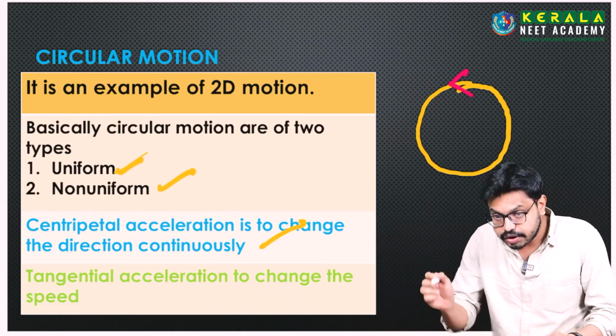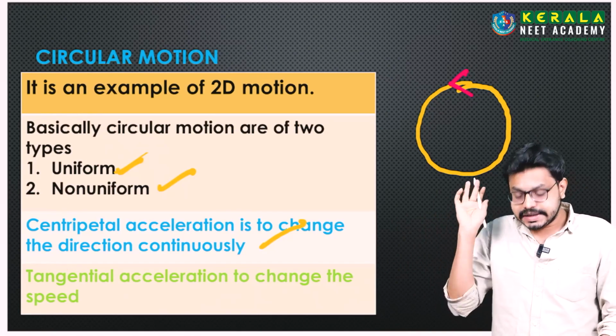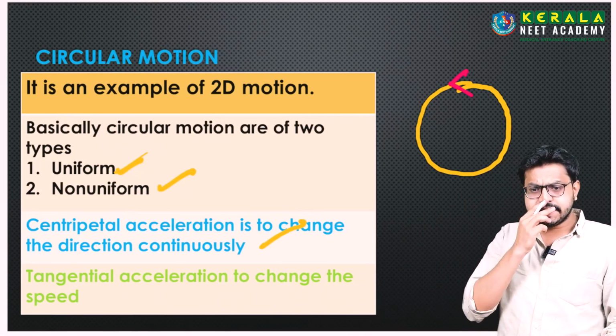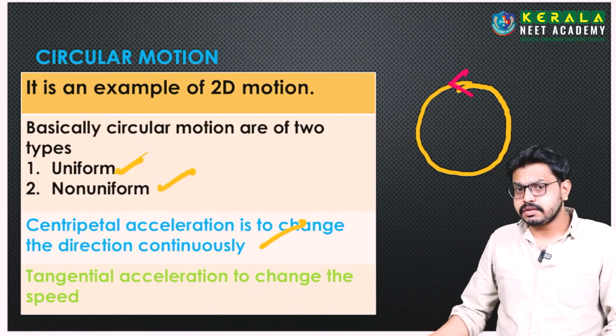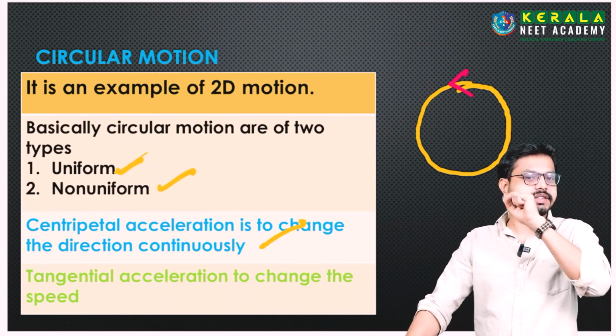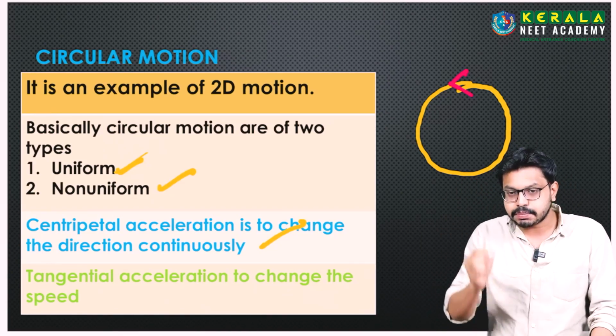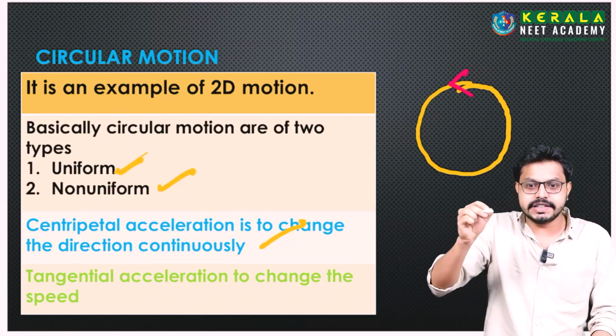Constant speed. So the body is circulating with constant speed, but the direction of velocity is always changing, right? At each point, the direction of velocity is changing.